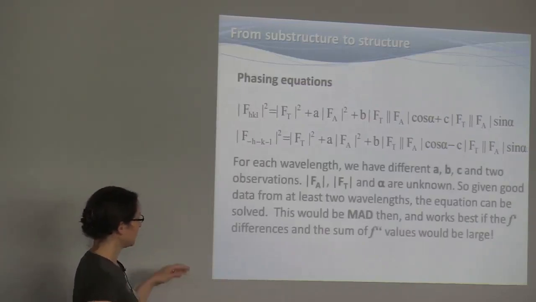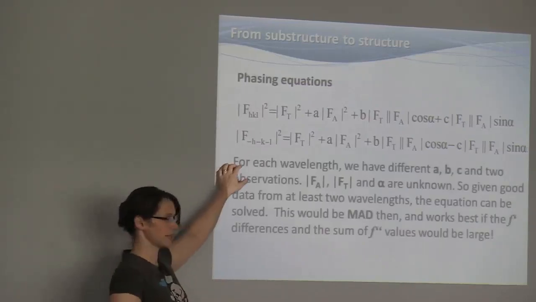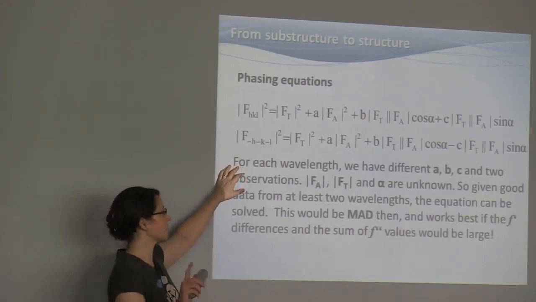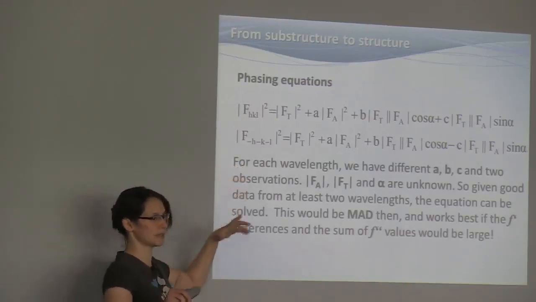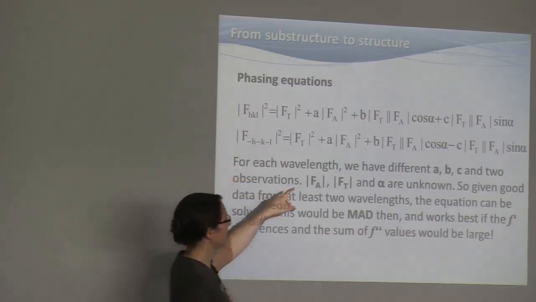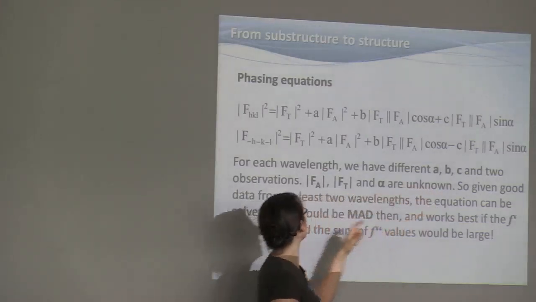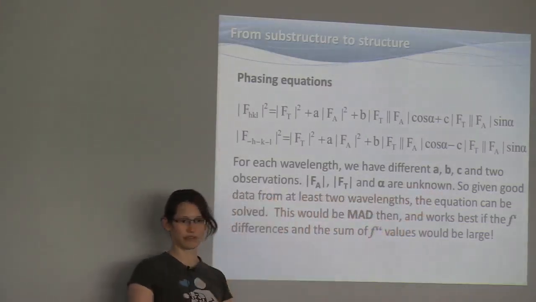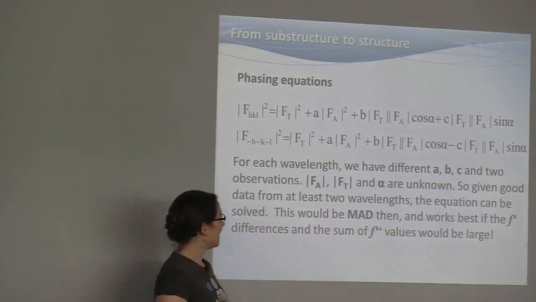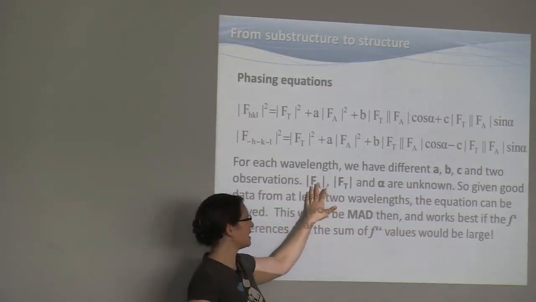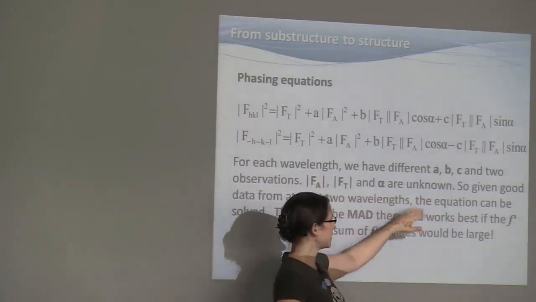Now, for each wavelength we measured, only one if we've measured SAD, but now imagine we have done a MAD experiment and measured several wavelengths, we have different A, B, and C, and we have two observations, the two reflections. The length of FA, the length of FT, and alpha are the unknowns.